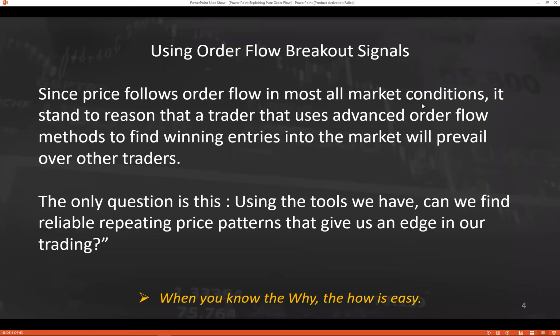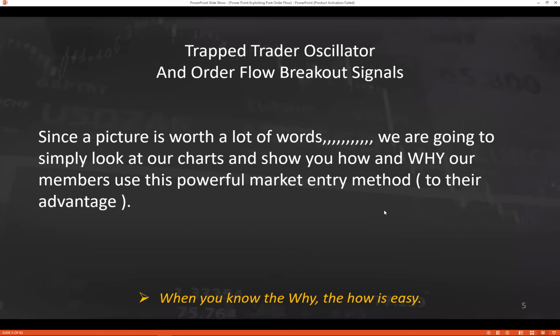So it stands to reason that when traders use advanced order flow methods to find entries into the market, they're going to prevail over other traders. It's just common sense. The only question we need to ask is, using the tools we have, can we find reliable repeating price action patterns that give us an edge in our trading?